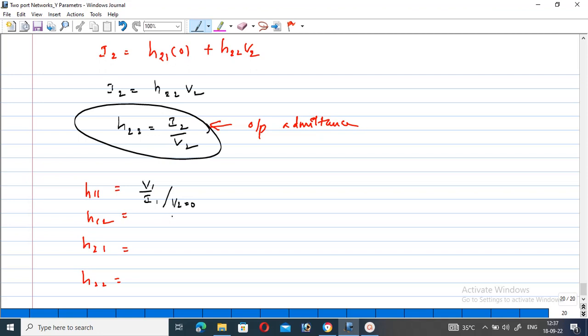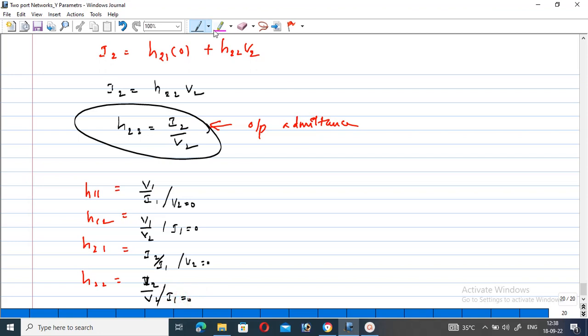H12 is V1 by V2 when I1 is equal to 0. H21 is equal to I2 by I1 when V2 is equal to 0. And H22 is equal to I2 by V2 when I1 is equal to 0.